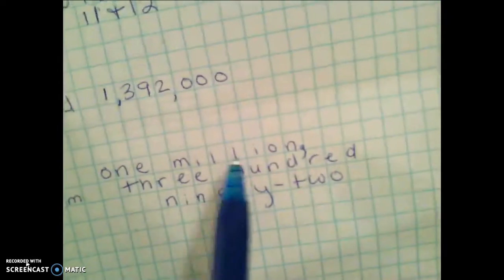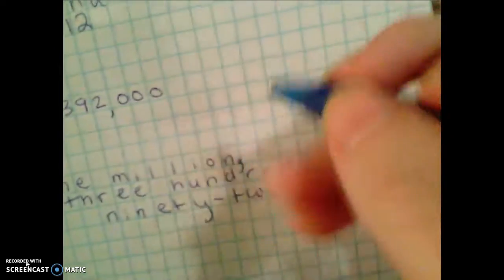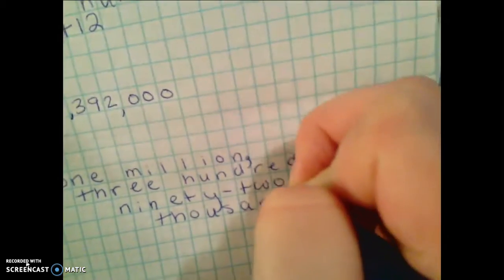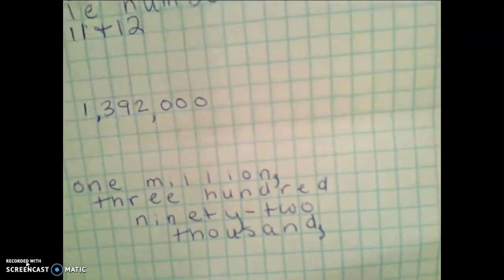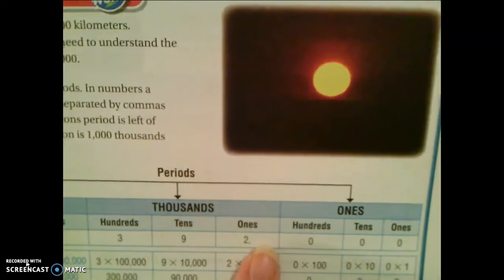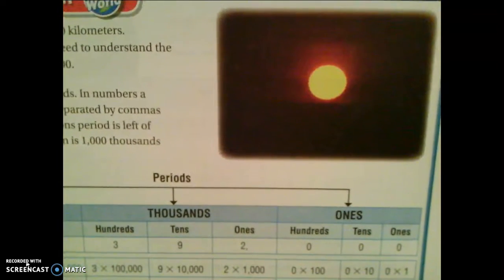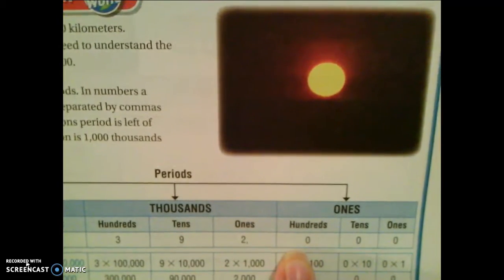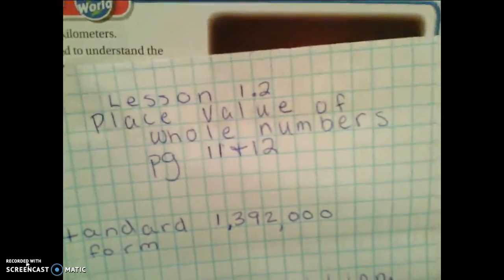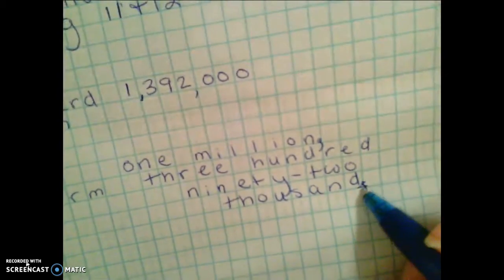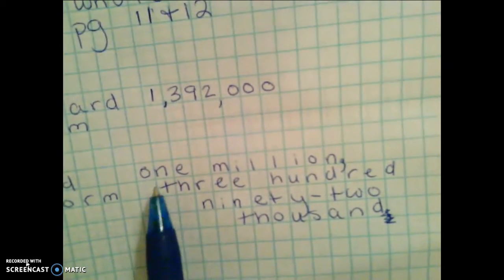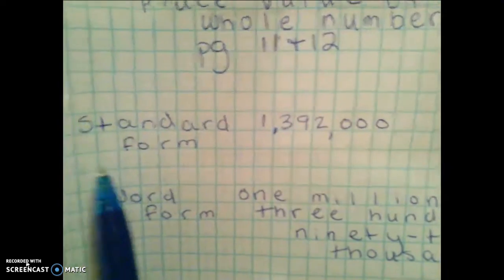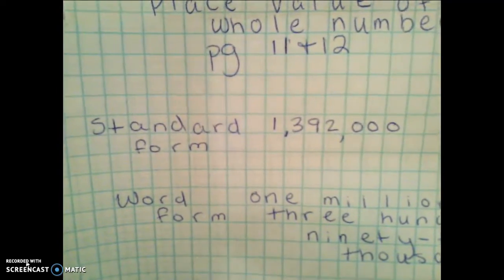So right now we're at 1 million, 392 thousand. Comma, because again, whenever there's a comma in the number, there should be a comma in the word. But then 0, 0, 0. Because there's a 0, 0, 0 here, we actually don't need the comma anymore because it's the end of the number. So that's standard form, word form.